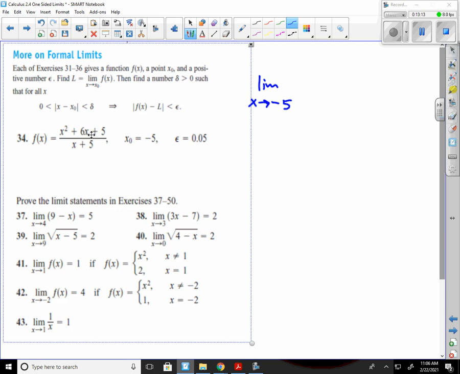So it's the limit as x approaches negative 5 of, and I can first factor this top out, and that's going to factor out to x plus 5 times x plus 1 over x plus 5. Now my x plus 5s will cancel, and I'm left with the limit as x approaches negative 5 of x plus 1. Now I can plug a negative 5 in, and it's not going to mess this up. So negative 5 plus 1 gives us L equals negative 4.